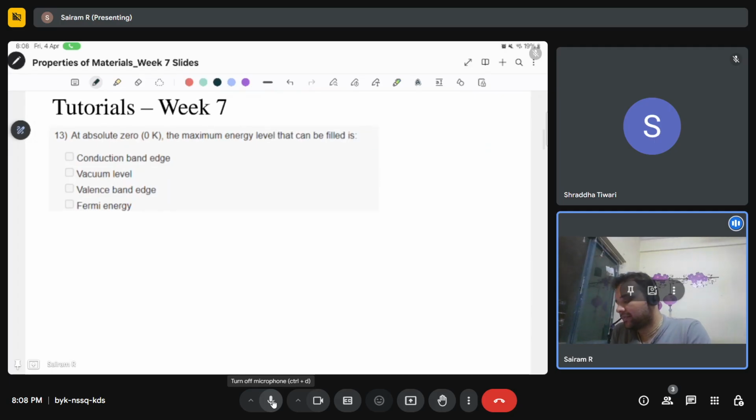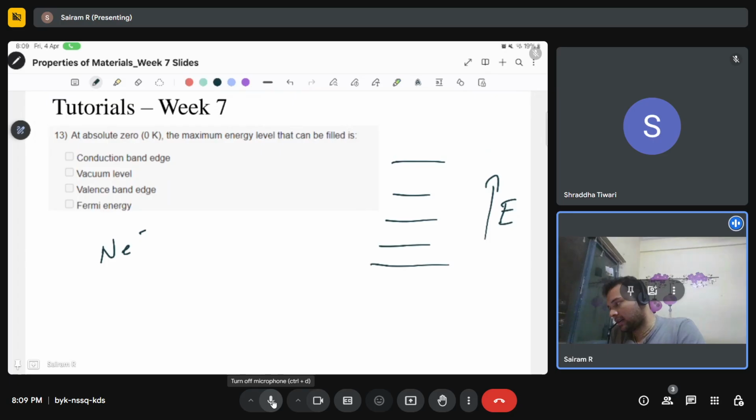Next question. At absolute 0 Kelvin, the maximum energy level that can be filled is: conduction band edge, vacuum level, valence band edge, and the Fermi energy. So at absolute 0, once we have multiple energy levels with an increase in energy, and we have n electrons, if we fill all these electrons across these energy states, the highest level that it fills is called the Fermi energy level.